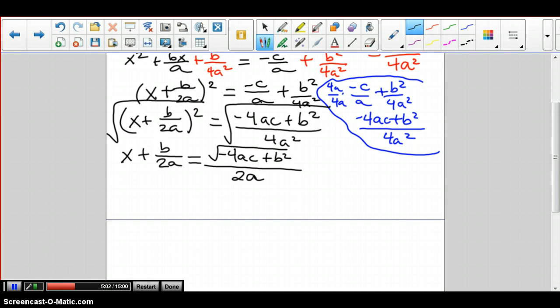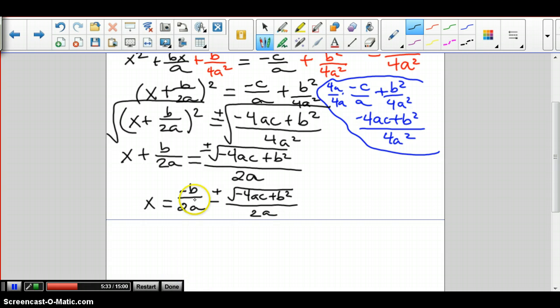Next step, I'm going to subtract that b over 2a from both sides, and I'm left with x equals minus b over 2a. And remember, we took a square root, so I should have added in the plus or minus earlier. So plus or minus the square root of minus 4ac plus b squared over 2a.